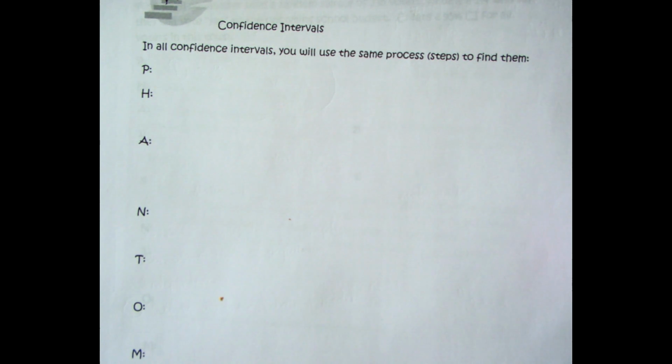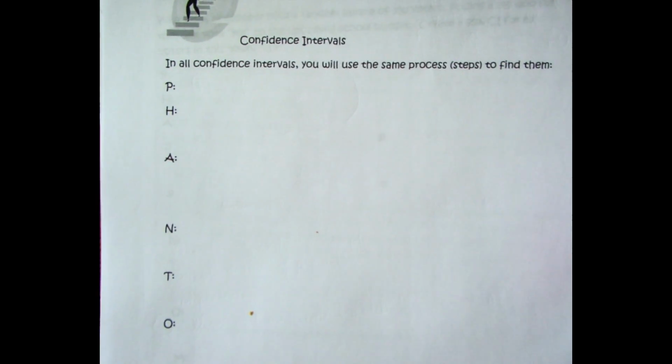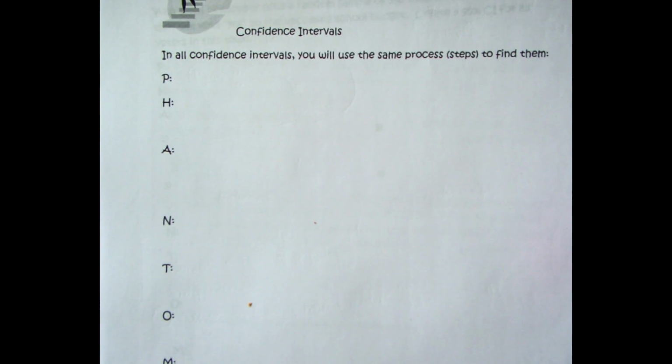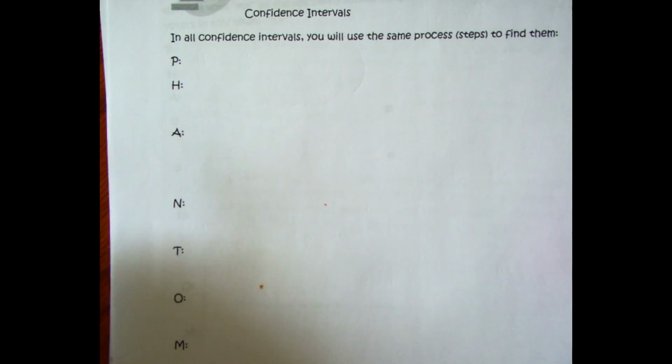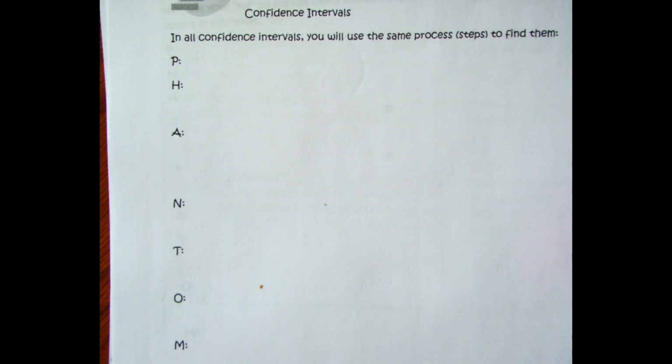So whenever we do an inference procedure, this is going to be our blueprint, and this makes sure that we cover all of the bases when we answer a question.